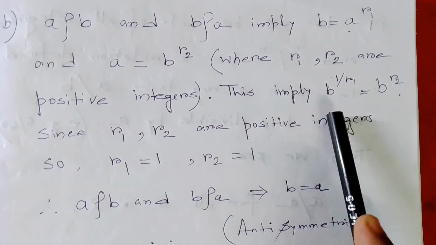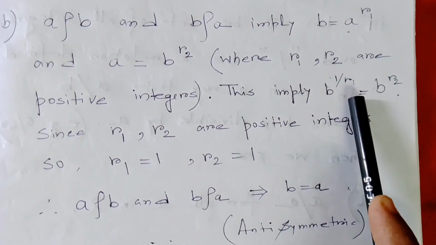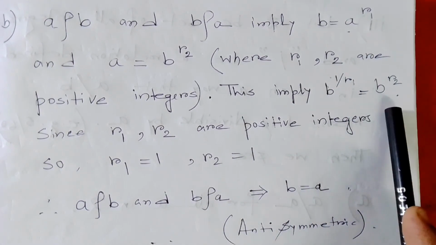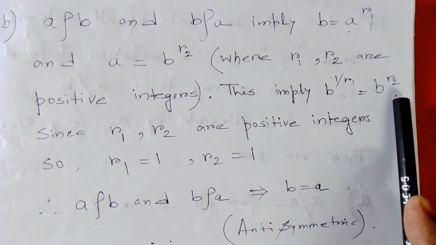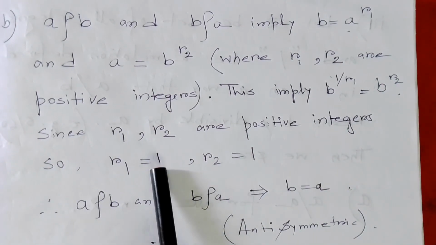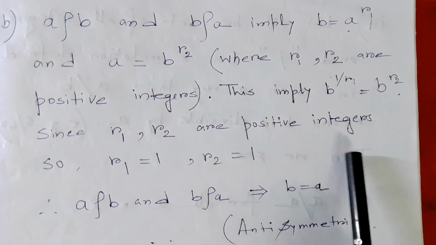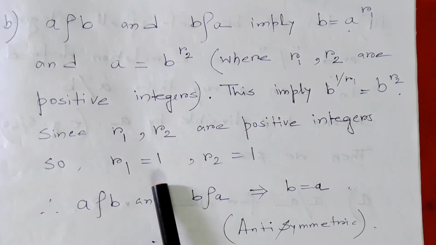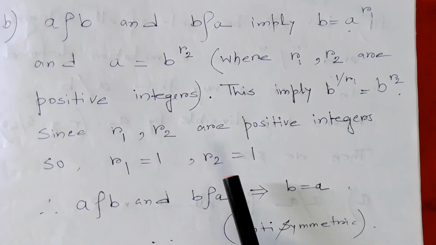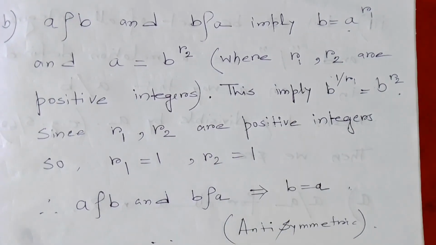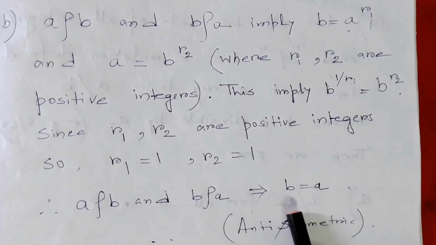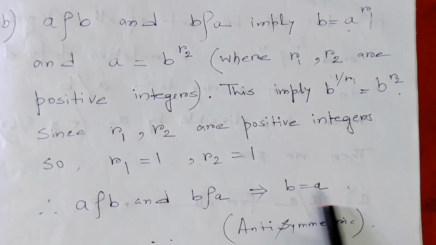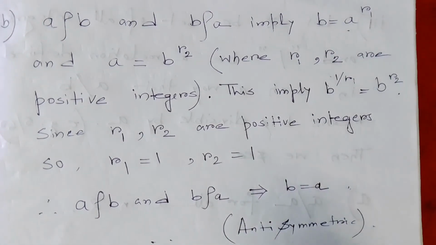This implies B to the power 1 by R1 is equal to B to the power R2. Since R1, R2 are positive integers, R1 is equal to 1 and R2 is equal to 1. So A rho B and B rho A implies B is equal to A. So the antisymmetric property is satisfied.